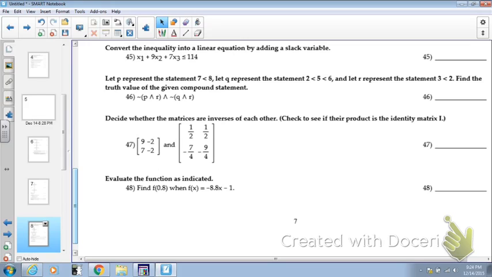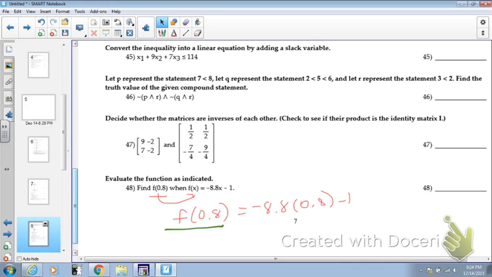Okay, 48, it says evaluate the function as indicated. We want to know what f of 0.8 is. All that's wanting us to do is replace the x in the function with 0.8. So f of 0.8 is equal to negative 8.8 times 0.8 minus 1. I don't know how many times I see this, but this is not f times 0.8.